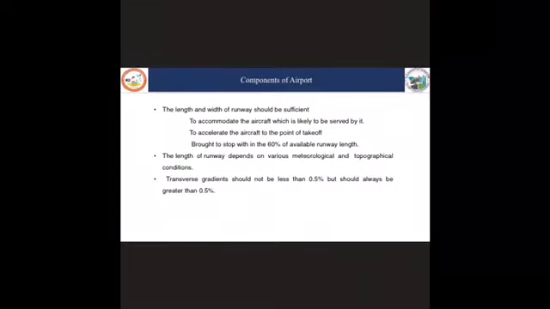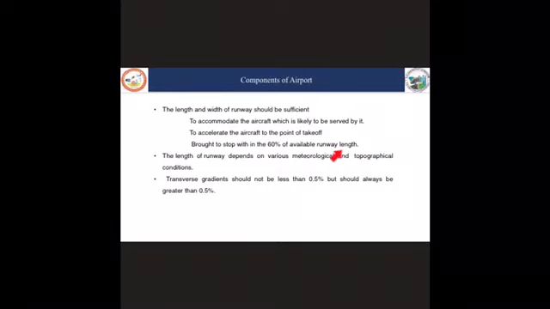So here, when the length and width of the runways are decided, you have to keep certain points in mind: the runway has to accommodate the aircraft which is likely to be served by it, and it has to provide a facility such that it will accelerate the aircraft to the point of takeoff and bring the aircraft to a stop within 60 percent of the available runway length.